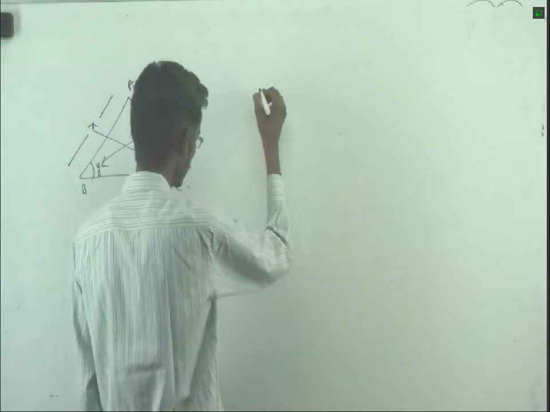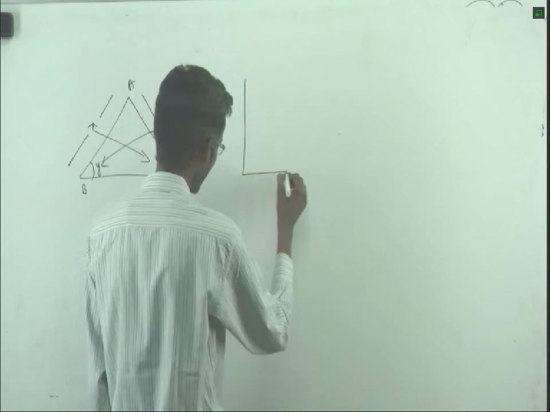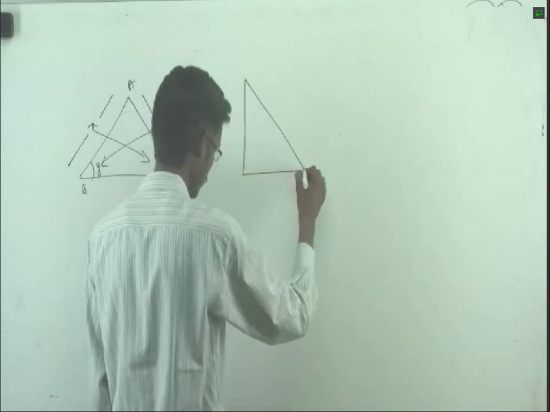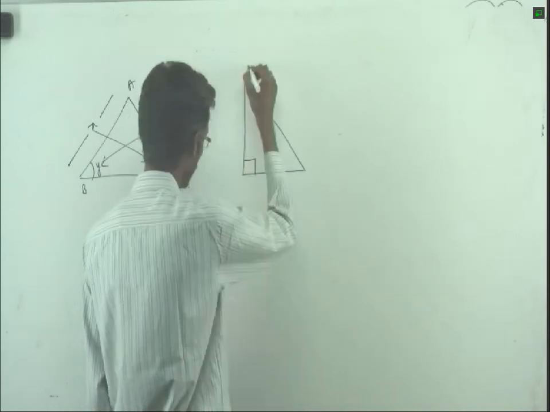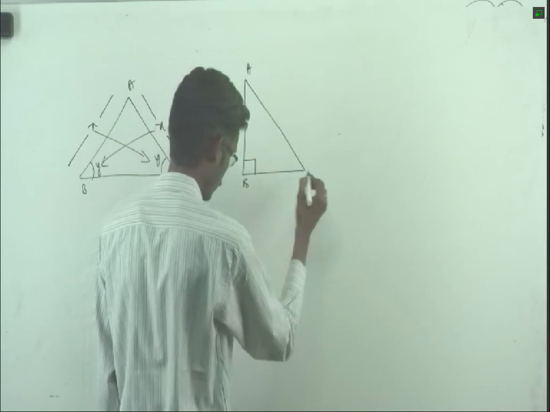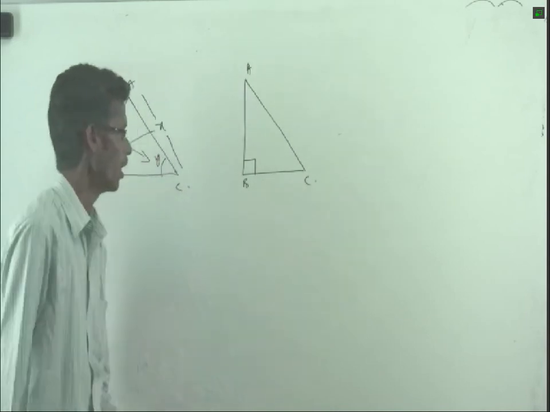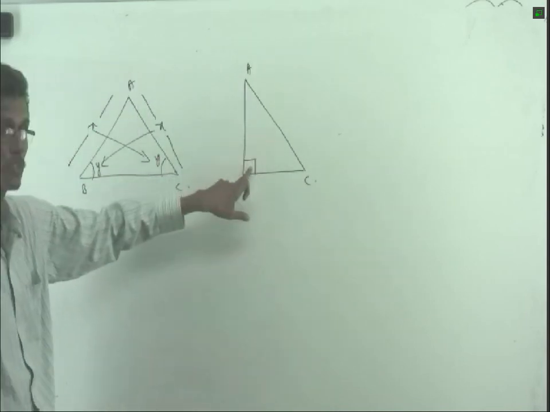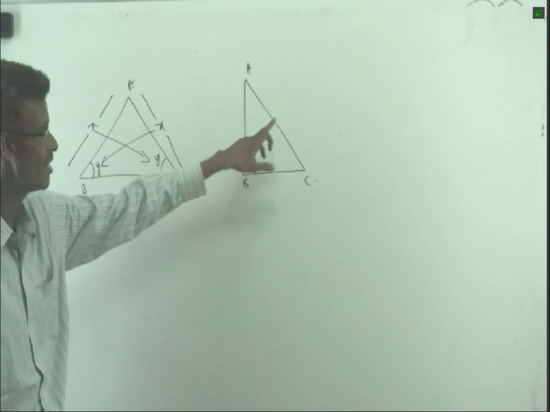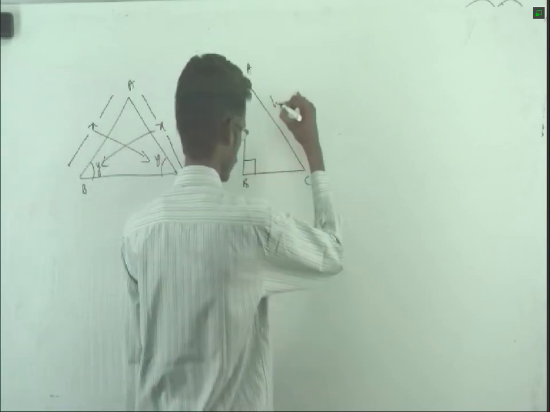Another concept, if you consider a right angle triangle, the side opposite to 90 degrees is called hypotenuse.